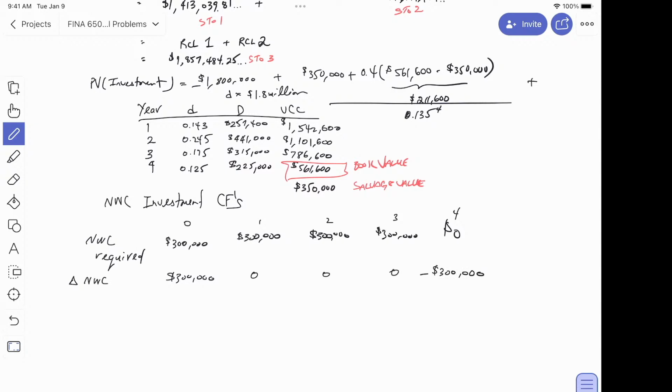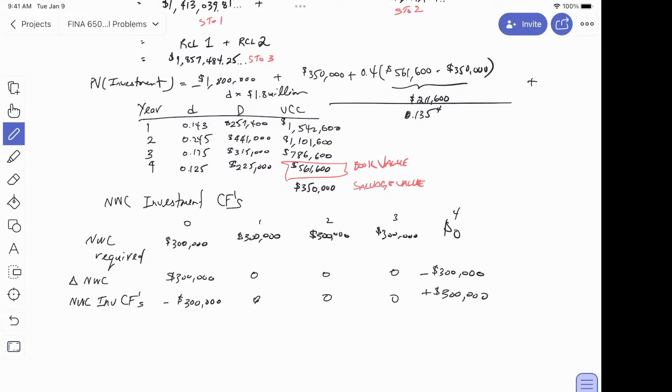But then we use the final row of this table to compute the net working capital investment cash flows. And consider the perspective of the firm, that the firm has to invest 300,000 and then 0, 0, 0, and then they get the money back.